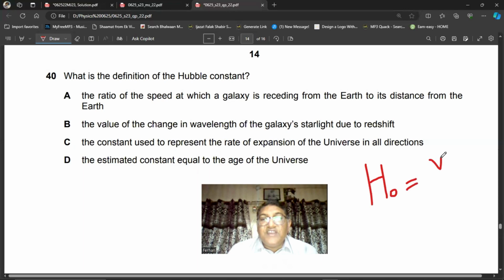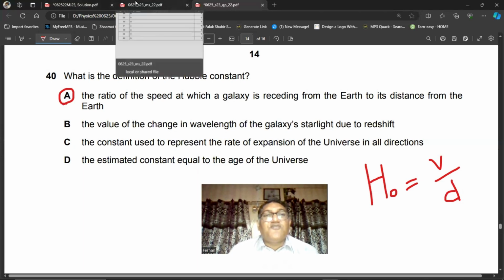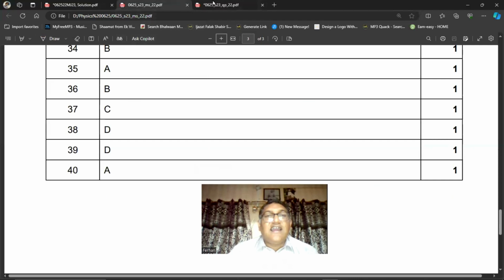That is equals to V by D. V means the speed and D means the distance. It is the ratio of the speed at which a galaxy is receding from the Earth to its distance from the Earth. This is the definition of the Hubble's constant. And it's a fact. You should know this. Question number 40, A is the answer, sir.